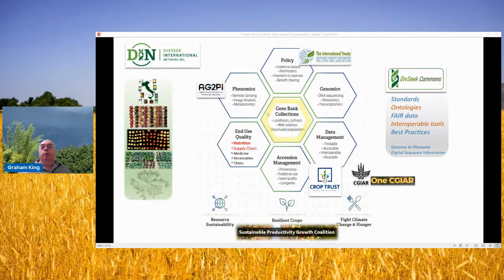And also, all of this information is underpinning future concerns around climate change and nutrition, around resilient crops. And so we're also involved in the recently established Sustainable Productivity Growth Coalition.